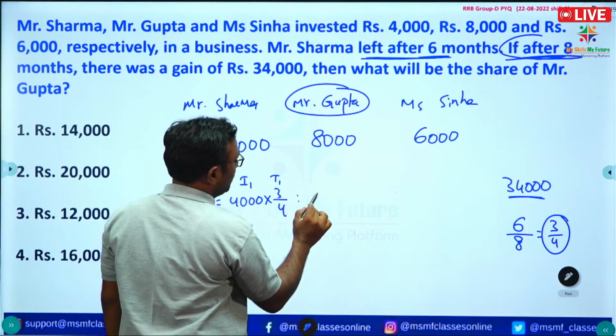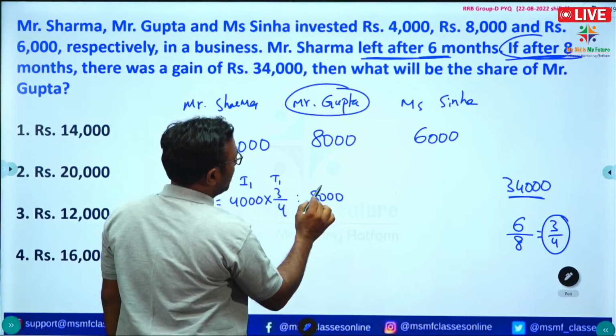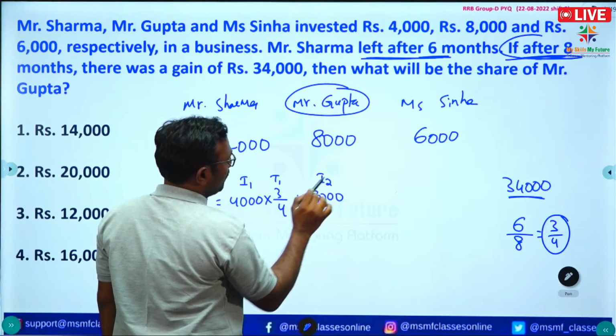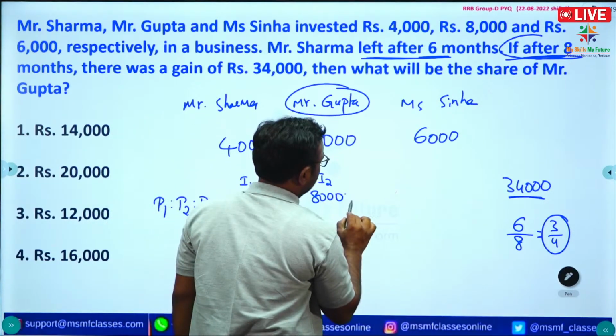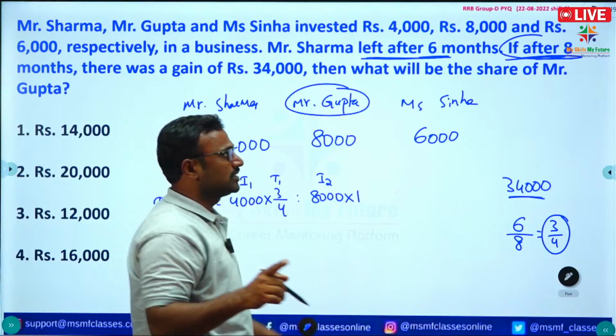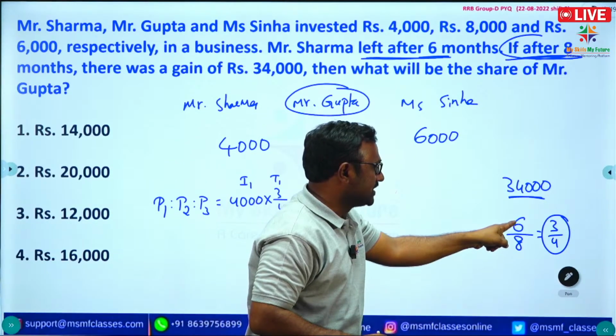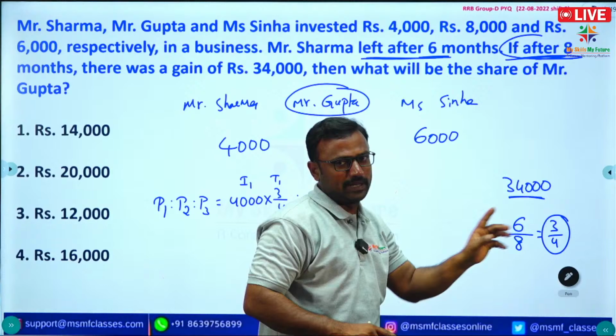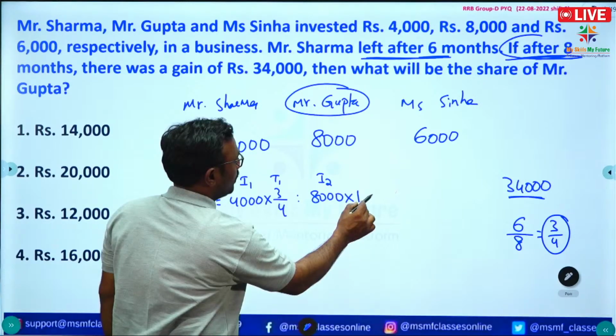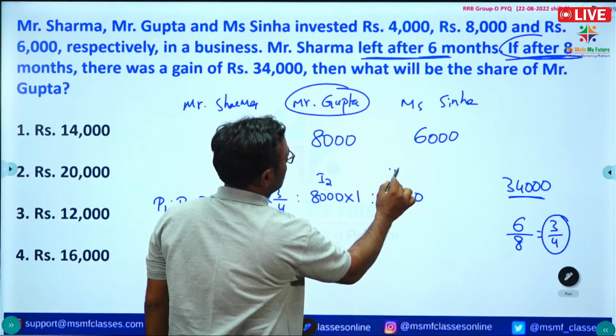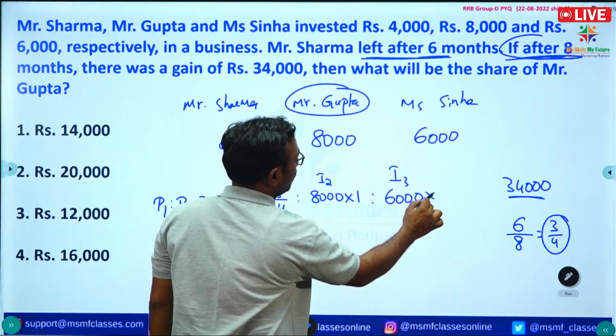Here the investment of Gupta is 8,000, and the time period we can consider as 1 period, because I am taking 8 months as 1 period. 6/8 we can get 3/4. Next, Sinha's investment is 6,000 into 1 period.